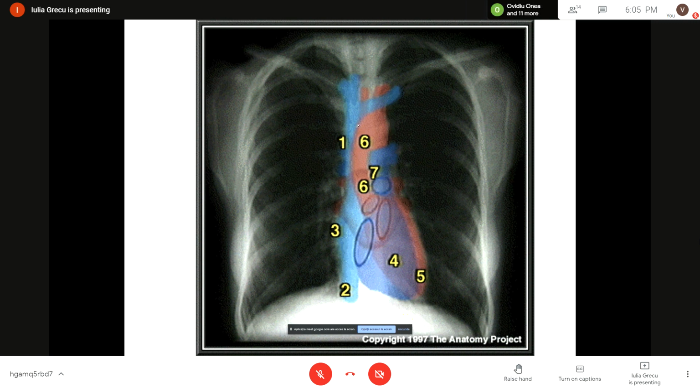But usually, if you see on an elderly patient a very dilated right superior arch, it will be most probably determined by the enlargement of the ascending aorta.